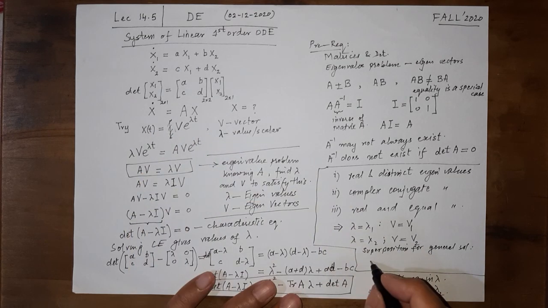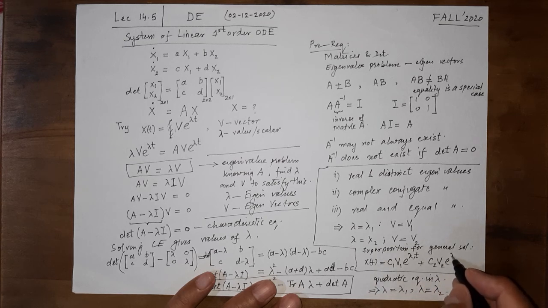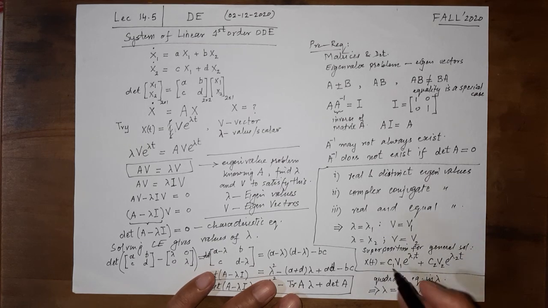We will say that x(t) is equal to some constant c1, which is a scalar, times eigenvector v1 e raised to the power lambda 1 t, plus c2 times vector v2 e raised to the power lambda 2 t. That will be the solution that we require.